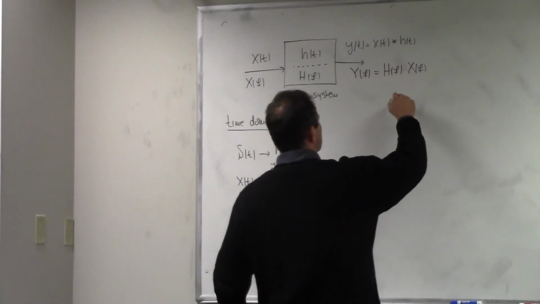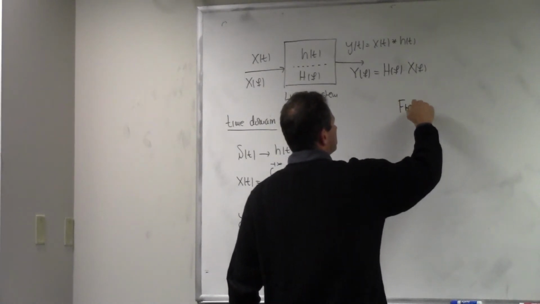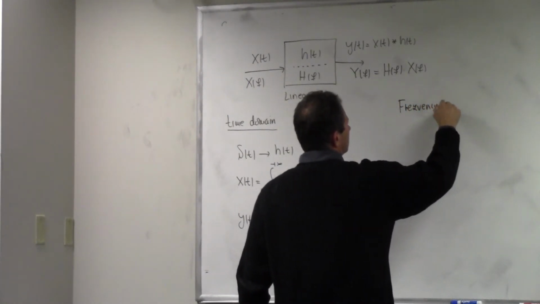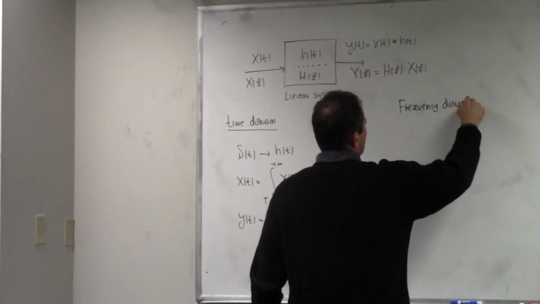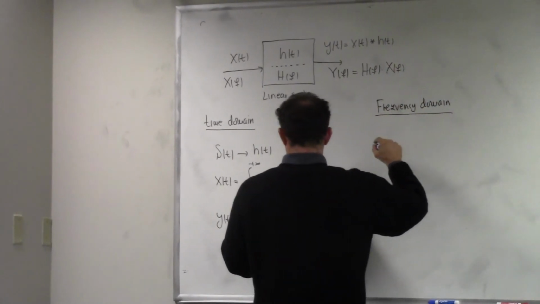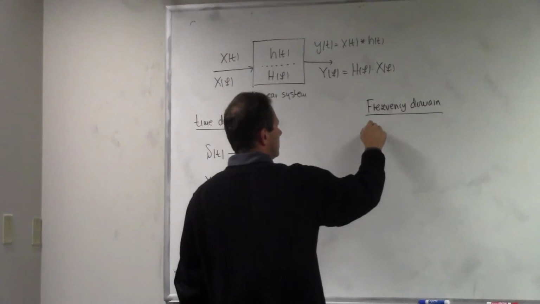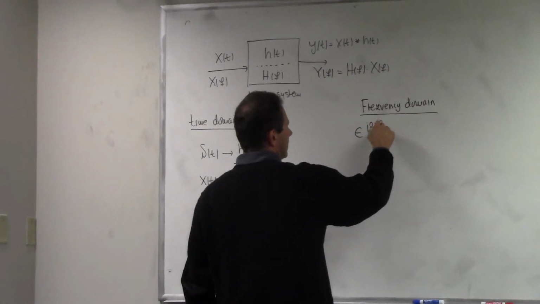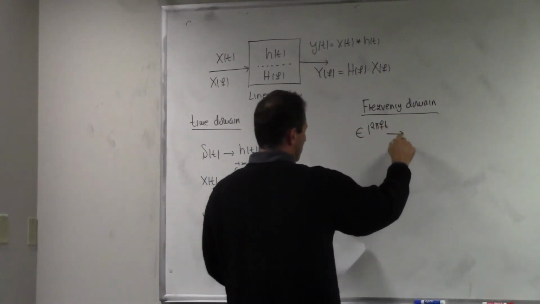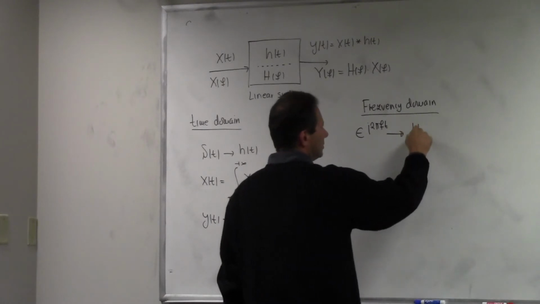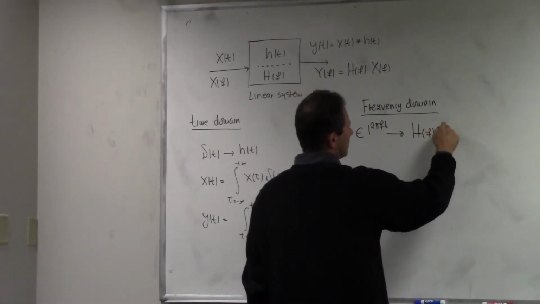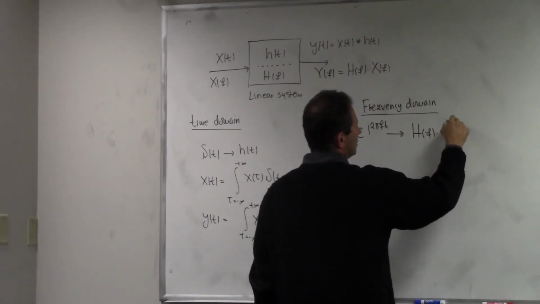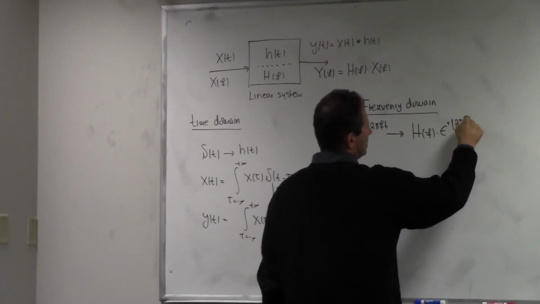Let's look at the frequency domain. Now, here I put in an infinite exponential, e to the j 2 pi f t, and I know that the response of the linear system to the infinite exponential is h of f e to the j 2 pi f t.